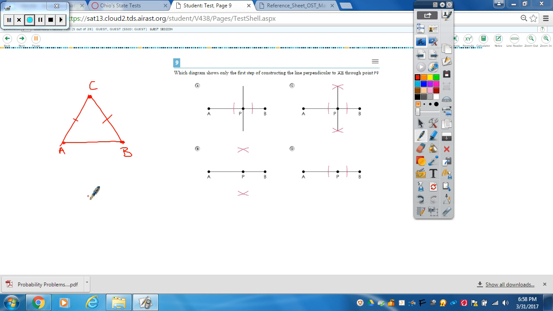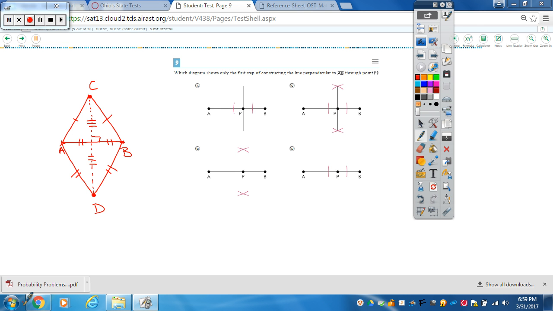And let's say I go down here and I find a point D that's the same distance from A as it is from B. Doesn't even have to be the same if we don't want to. But here's what we know: any point that lies on this line that connects those two has to lie on the perpendicular bisector of that segment. We talked about that early on this year.